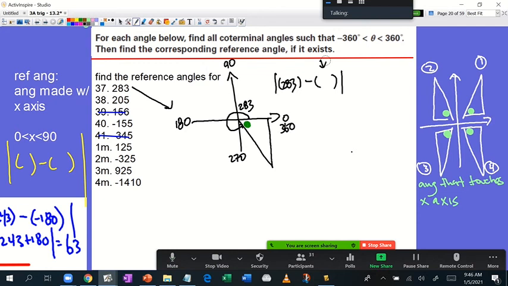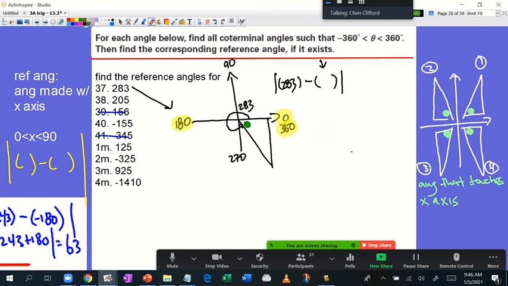Here is how you figure that out. You're always going to compare it to these three numbers here, to one of those numbers.